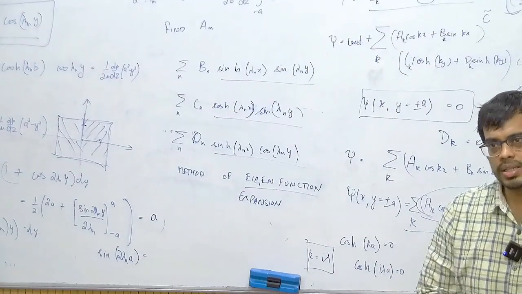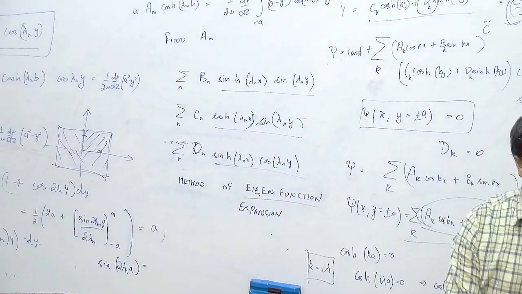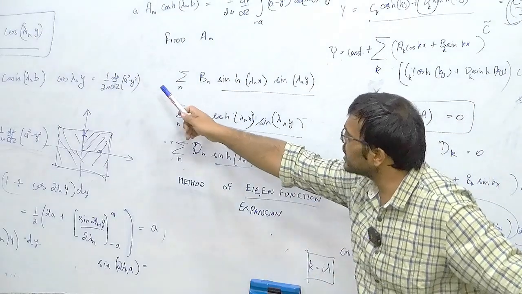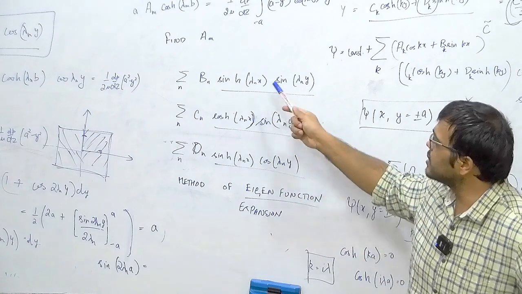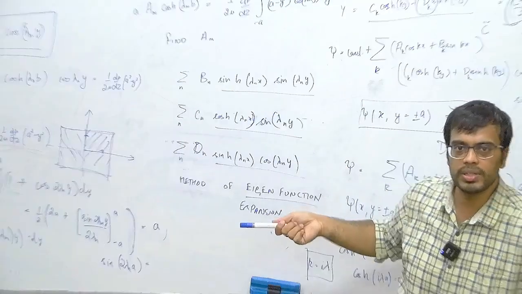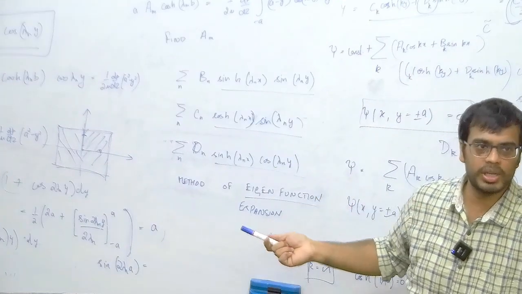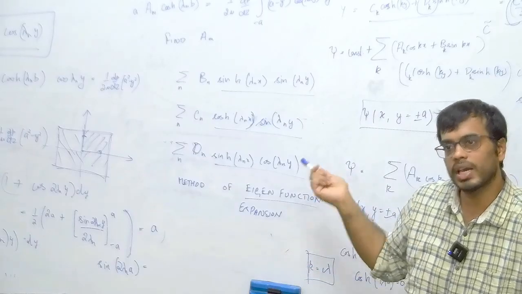Instead of vectors, they generalize it for functions: any function which satisfies, let us say, a Laplacian equation can be written as a linear combination of these functions in x and y. These are basis functions, called eigenfunctions. The solution will be a linear combination of these, and your job is just to find the coefficients of these eigenfunctions.